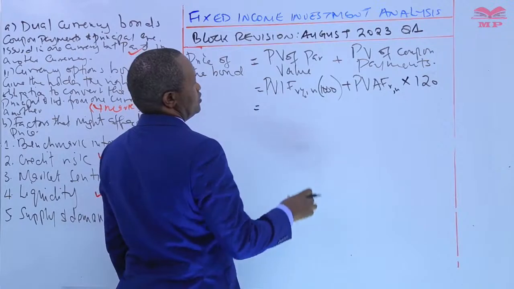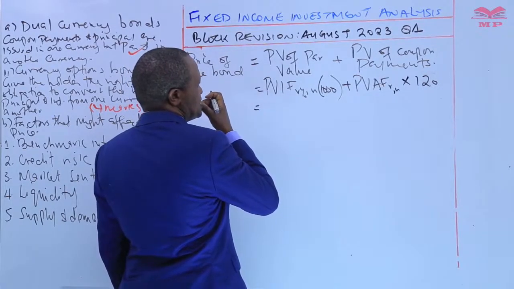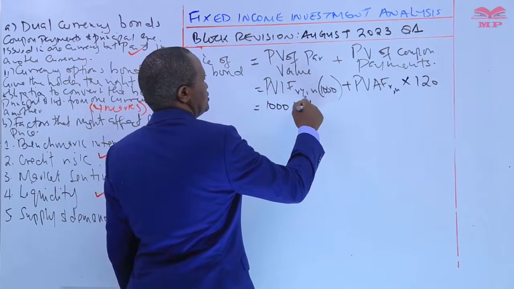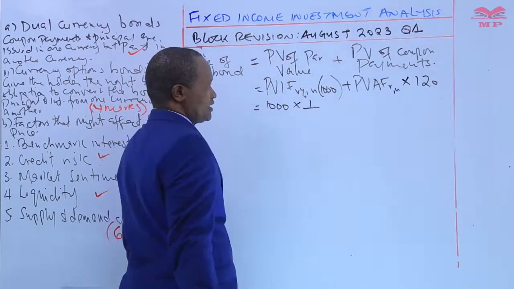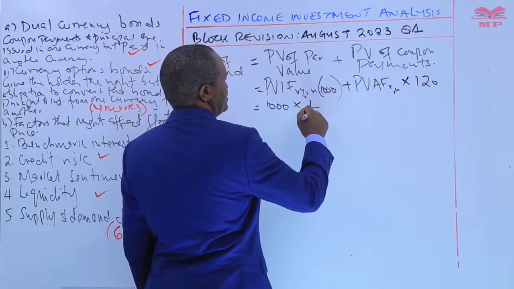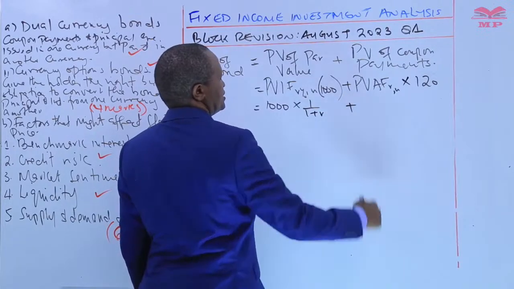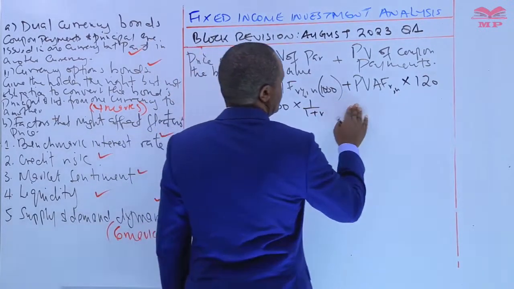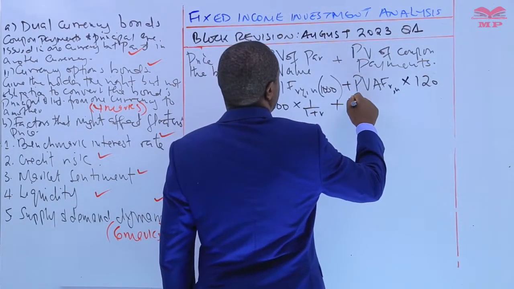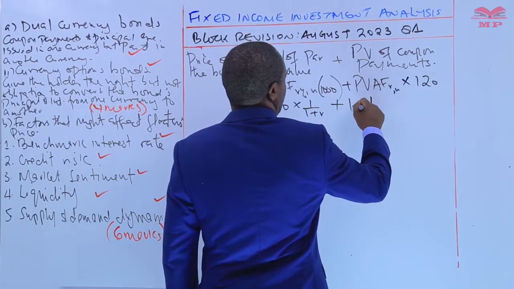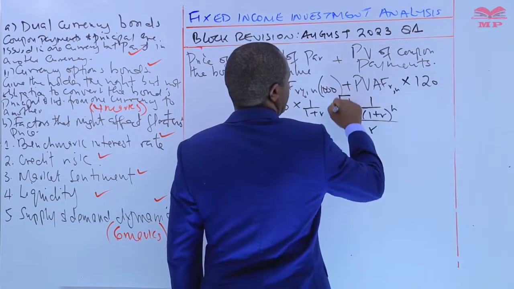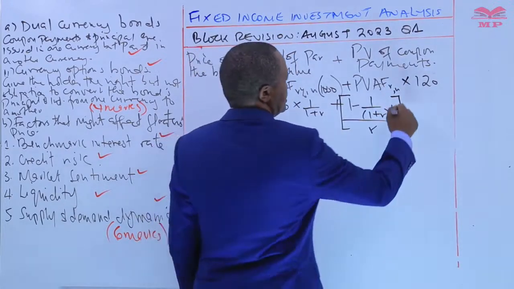This factor will be 1,000 times 1 over 1 plus r, plus the factor here, which is 1 minus 1 over 1 plus r raised to n, over r. That will give us the factor times 120.